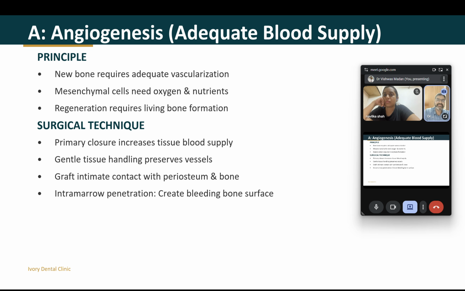Okay, so that's why gentle handling, and when we are reflecting the flap, we'll make sure that our flap reflector is resting on the bone, not on the flap, not on the gingiva. Otherwise what will happen, it will put pressure on the flap and some of the capillaries will die, or there will be ischemic necrosis of the flap.